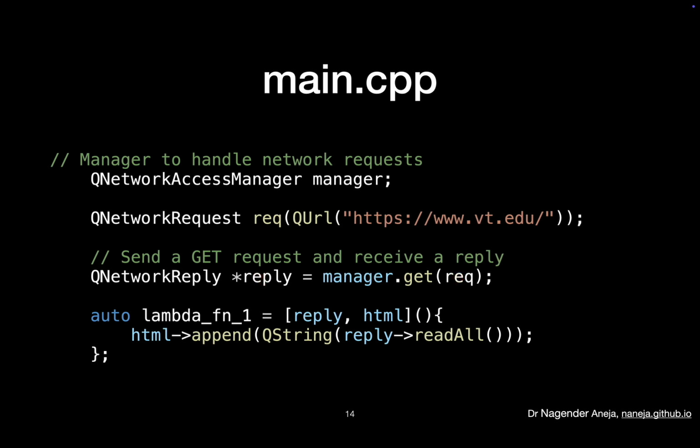Okay, now we created a lambda function here, and in this lambda function we are passing the reply and the HTML string, and we are saying reply readAll, and then append to the HTML. Right. So whenever this function is called, it will read what is available, and will append to the HTML string, which is our QString.